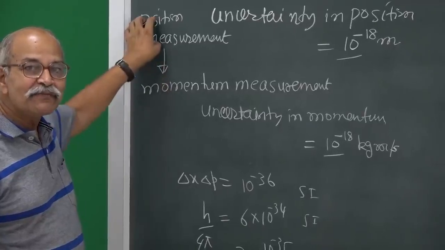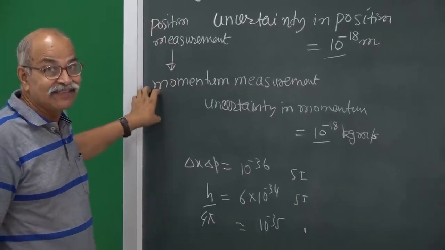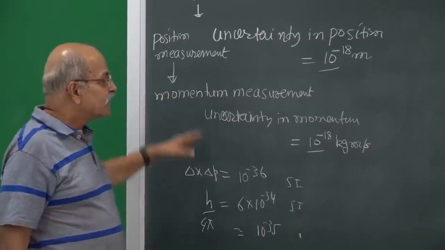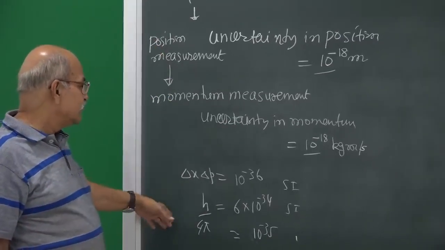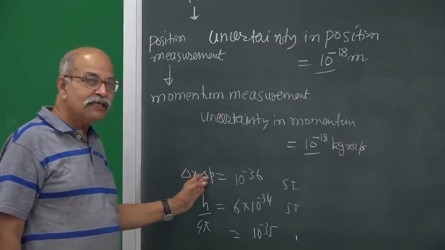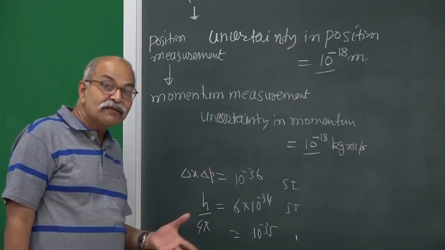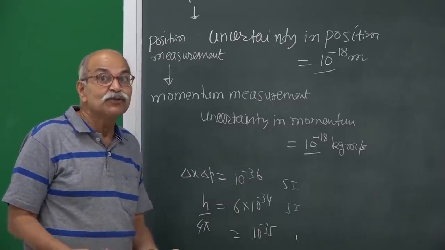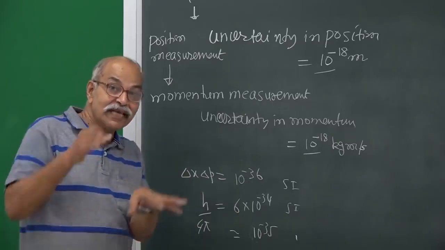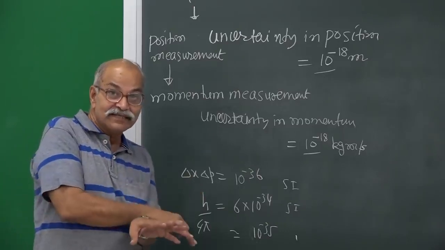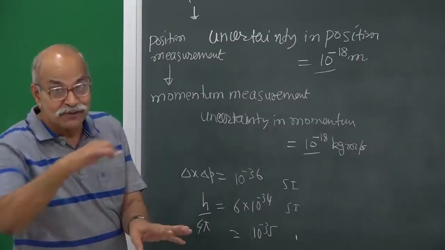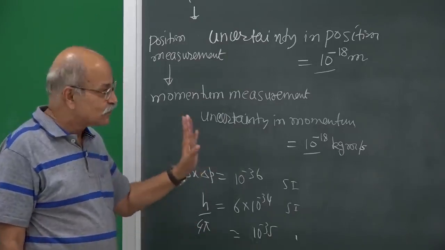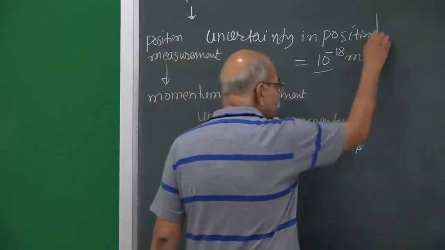So, the 2 measurements are not simultaneous, and the notion they hold is that for Heisenberg uncertainty, when we say delta x delta p, the 2 measurements should be done simultaneously. In the same measurement I should get delta x, and in that same measurement I should also get delta p, then this holds. So, that is one answer that I got.